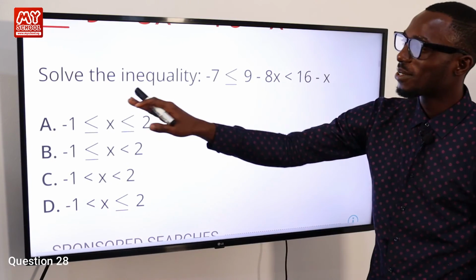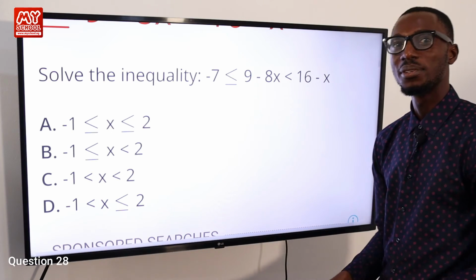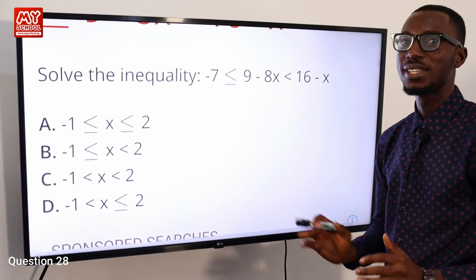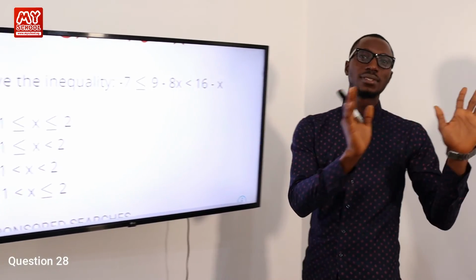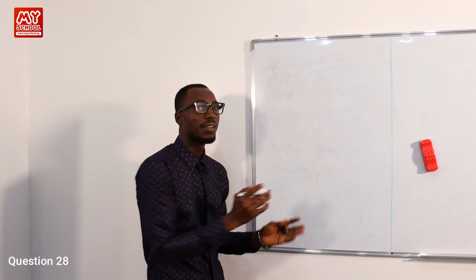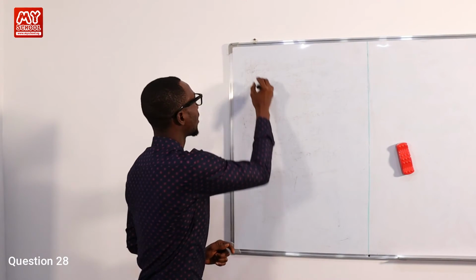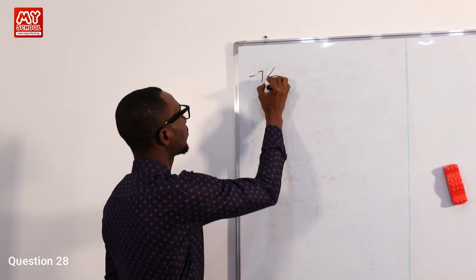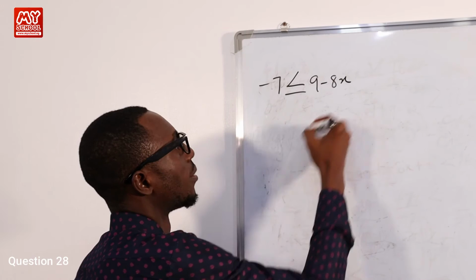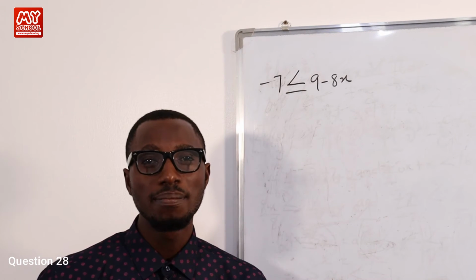28. Solve the inequality. Minus 7 is less than or equals to 9 minus 8x, is less than 16 minus x. So let's put the question back to our board. So we are given the inequality: minus 7 is less than or equals to 9 minus 8x, and less than 16 minus x.